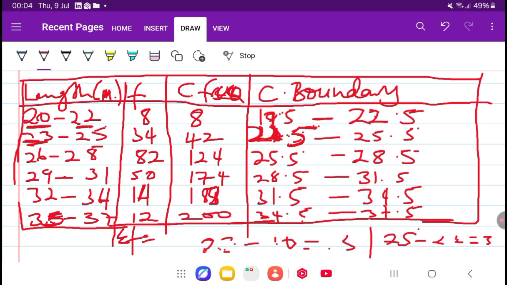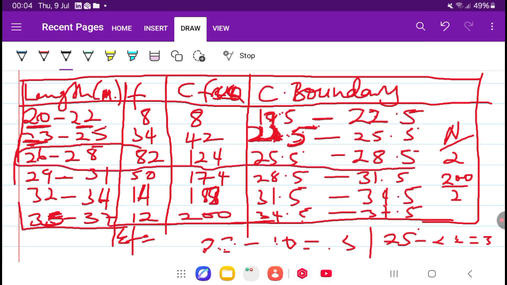Now what we are going to do is to get our median class. How do we get our median class? We just take n over 2. What is n over 2? Our n is 200, divided by 2, that gives you 100. So it is the 100th number. We check where this 100 is going to lie. The 100 lies in this area here.